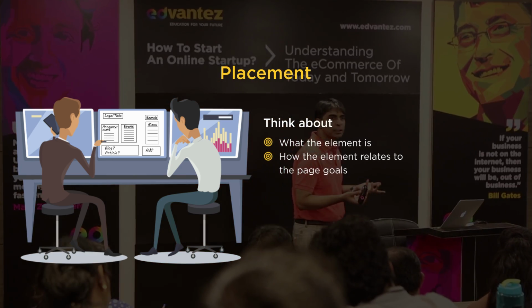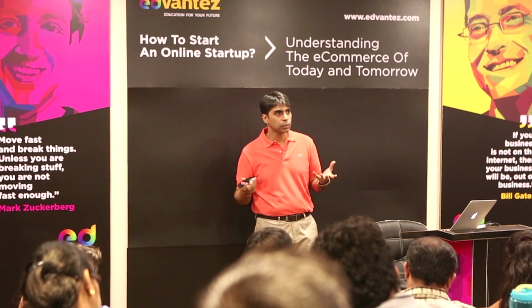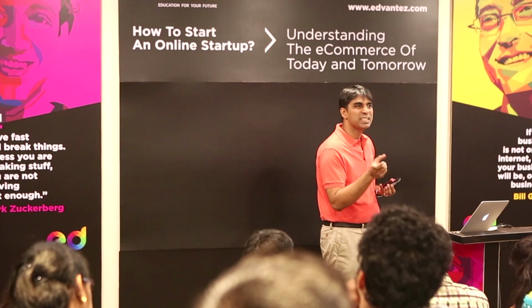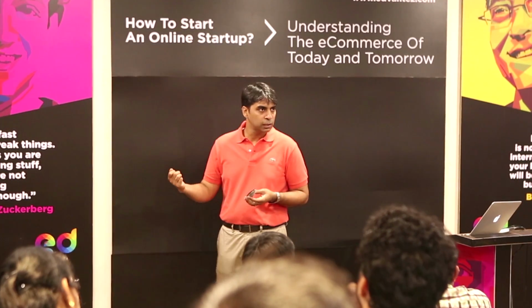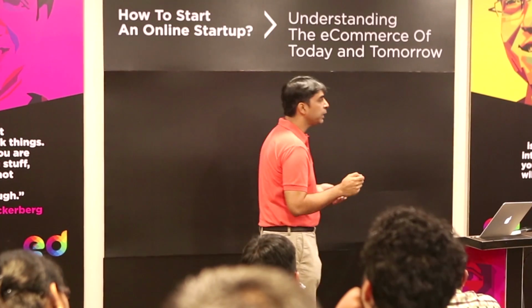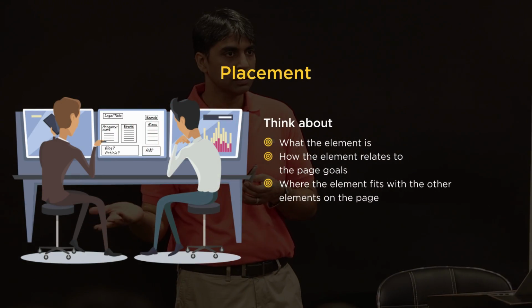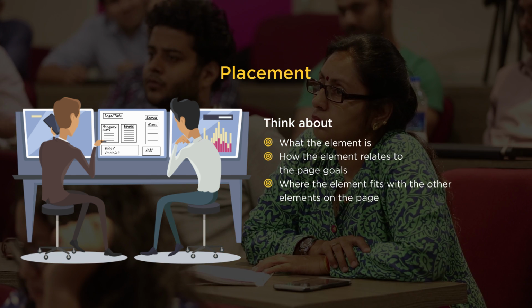So if you're trying to sell something, let's say it's a product page, you want to sell a product. Having that add to cart button is an element because the goal of that page is to sell. So you need to identify what that element is and where you will place it. Not only where you will place it, but how it fits with other elements, because you can't just place that and forget about the others.